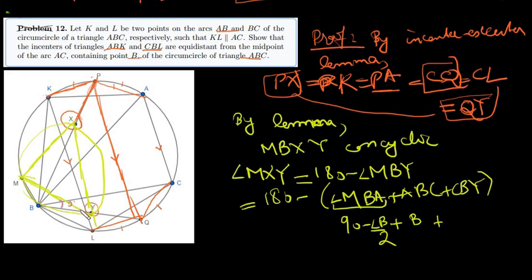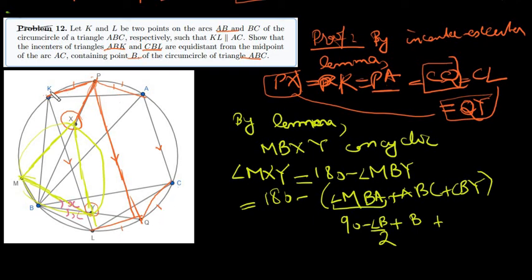Because this is the angle bisector, this angle is also X. And is there any other angle that we know is also X? Yeah, we do, because these are the same chords.